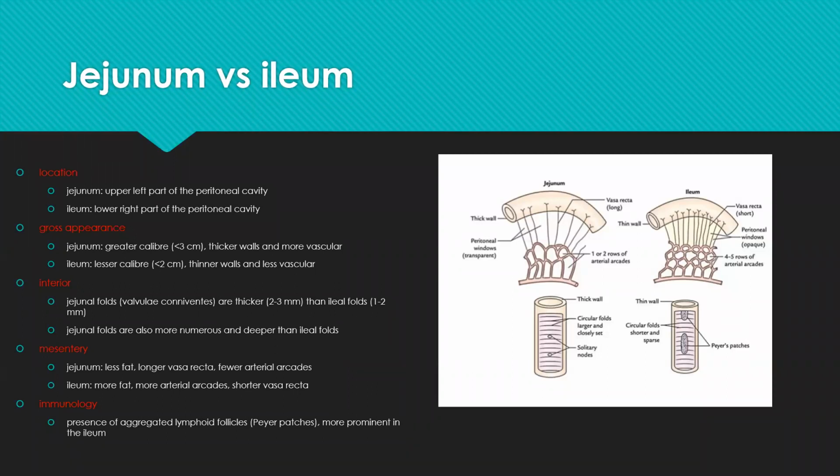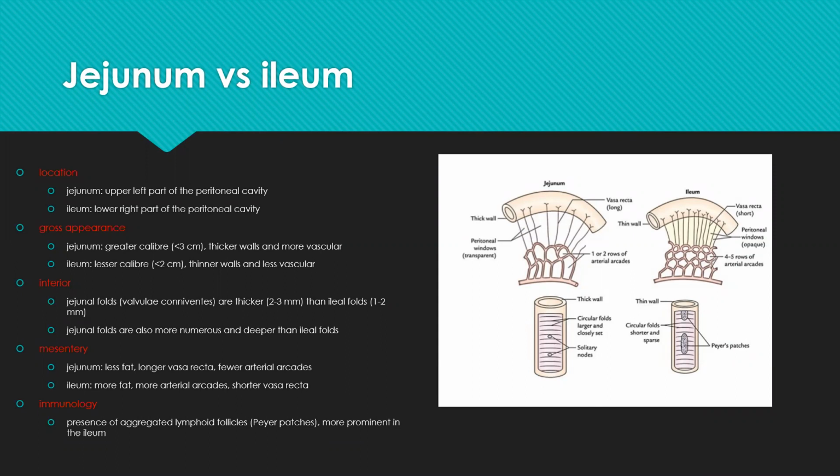Clear? And the appearance, if you see the gross appearance of the jejunum, there is a greater caliber, that is less than 3 centimeters, thicker walls, and it is more vascular. And the ileum has a lesser caliber, that is less than 2 centimeters, thinner walls and less vasculature.